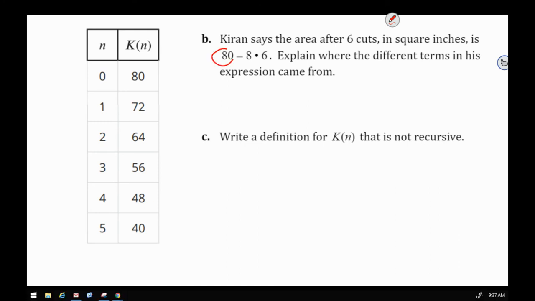The original area. Where did the 8 come from? The amount that's decreased every time. And then where did the 6 come from? Just the step, your 6 cuts, right?